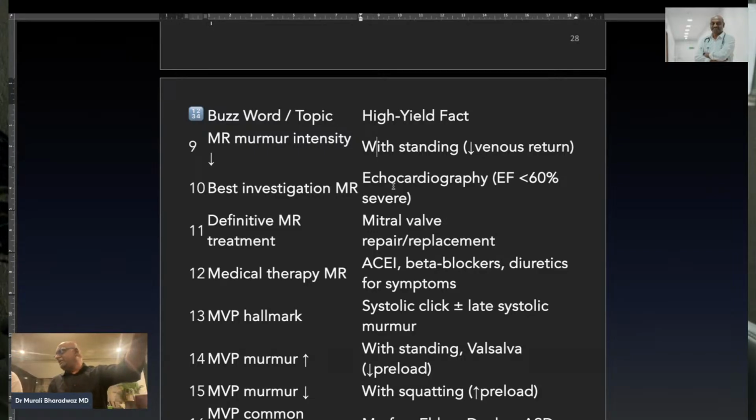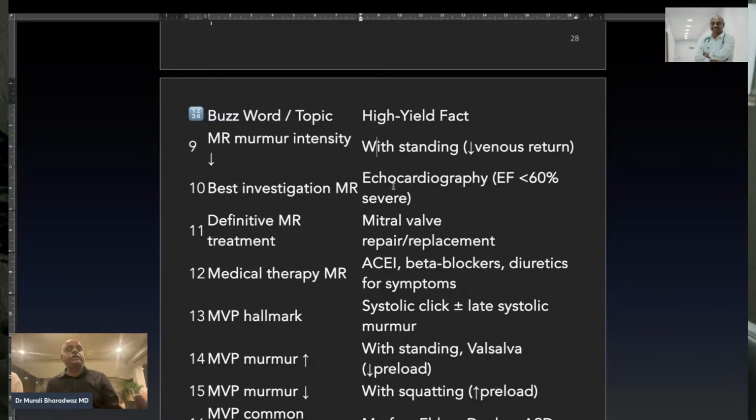Forward pressure will decrease. ముందు నుంచి pressure push చేయదు కదా. High aortic pressure pushing on the ventricle will cause more regurgitation. So that's the reason we give ACE inhibitors, beta blockers, diuretics to treat mitral regurgitation.